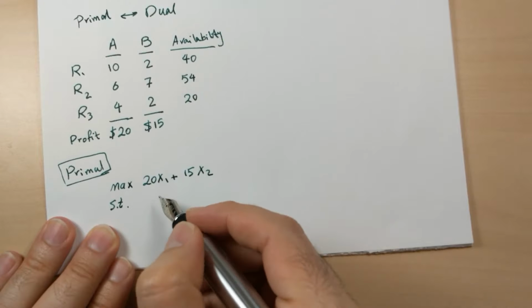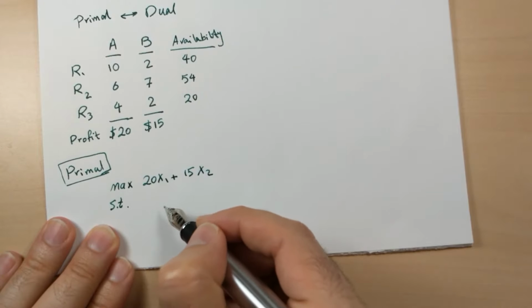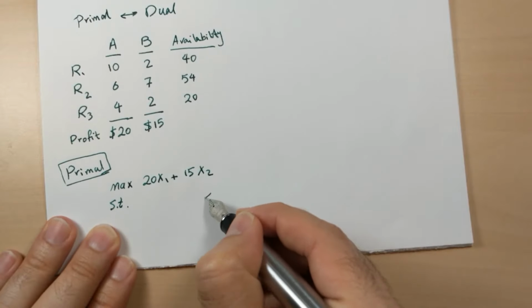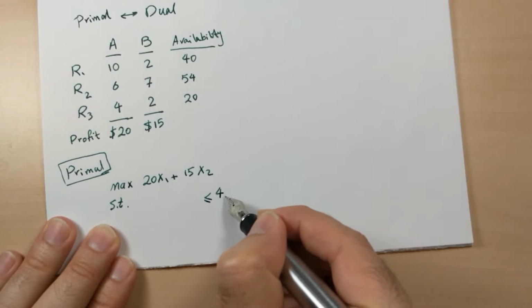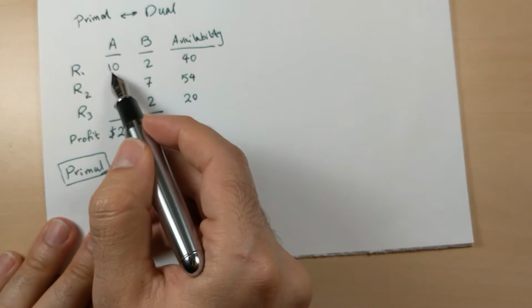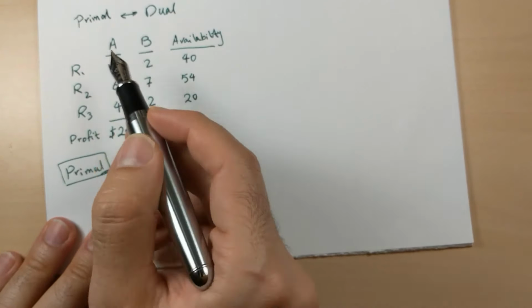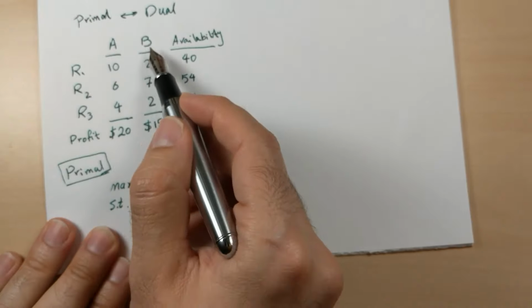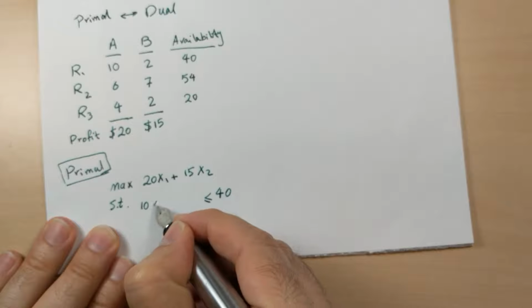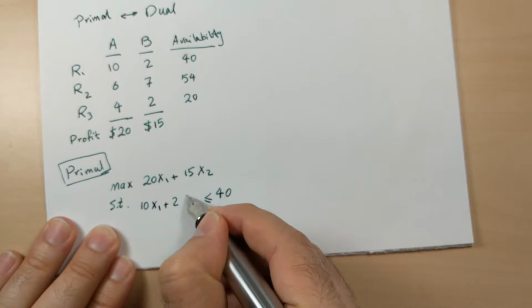The resource 1 used for production of A and B should be less than or equal to its limit, which is 40. We need 10 units of resource 1 to produce 1 unit of A and 2 units of resource 1 to produce 1 unit of B. So the left hand side would be 10x1 plus 2x2.